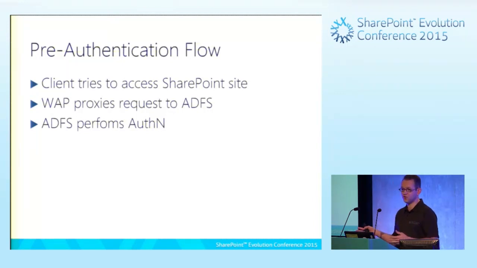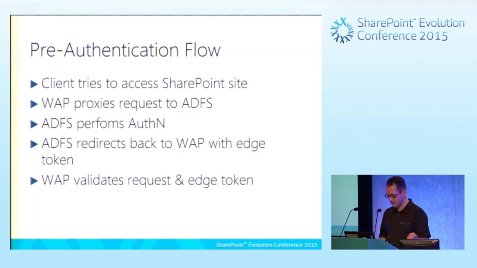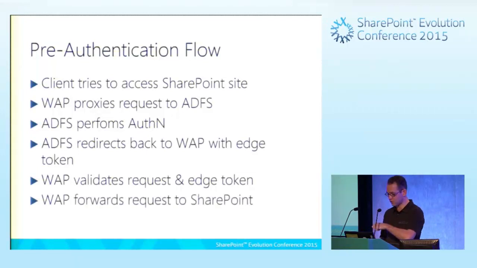You can do this with form-based authentication, as you will see, to do it in a more secure way. ADFS then redirects your request back to the Web Application Proxy, and it gives you a special cookie, an edge token. And with that edge token, the Web Application Proxy will validate the request. And finally, with that edge token, you can go back to SharePoint and access your resources.